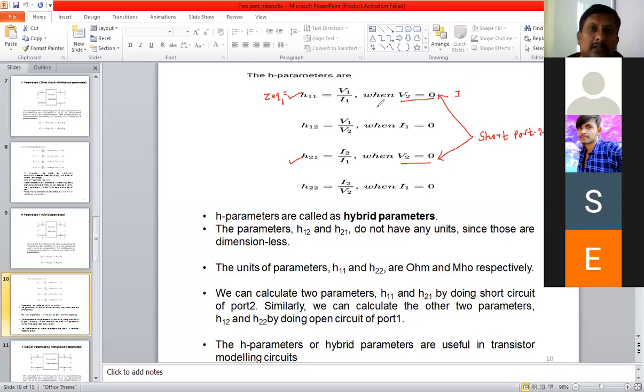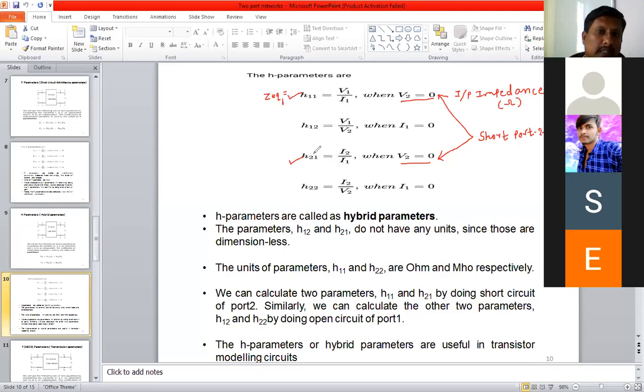As we are measuring at the input port, it is called input impedance. What is the unit of H11? That is ohm, because it is impedance.